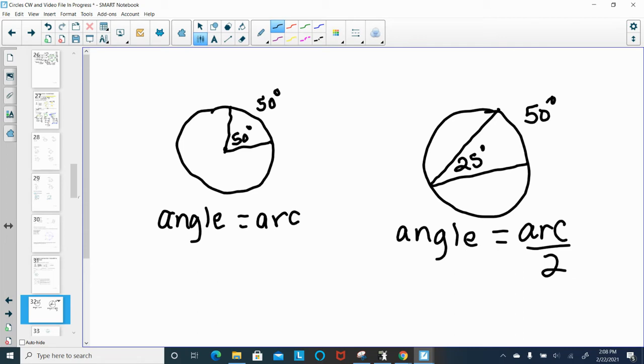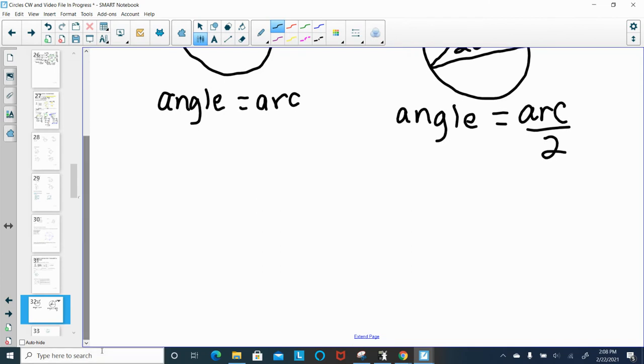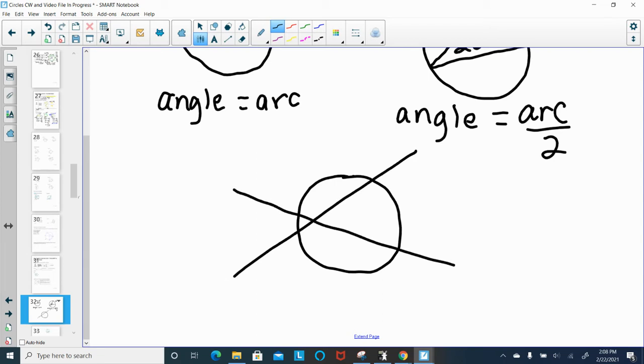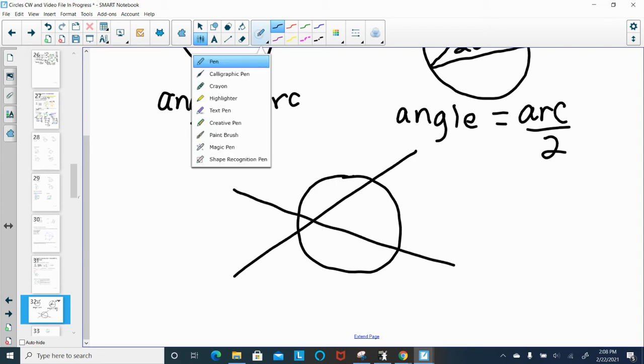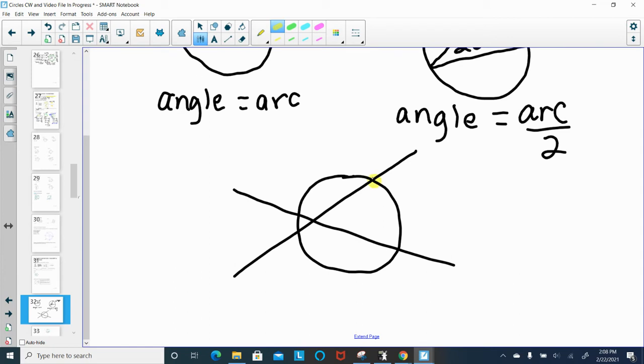But today we're going to be talking about a whole other situation where our vertex is somewhere inside the circle. I'm going to highlight this for you. Take a quick look at this angle. That vertex, the green point for our angle, is definitely inside the circle.